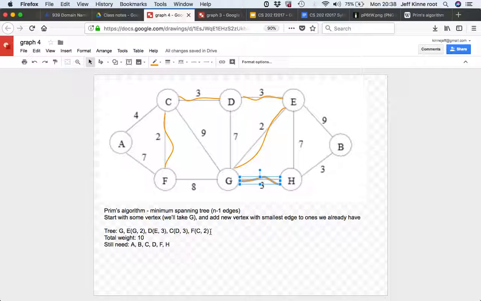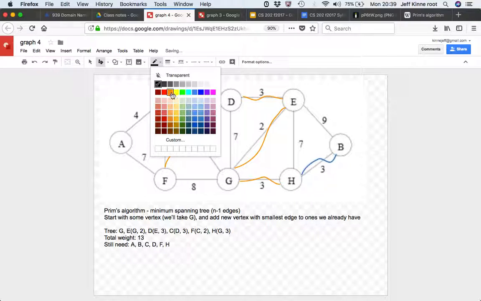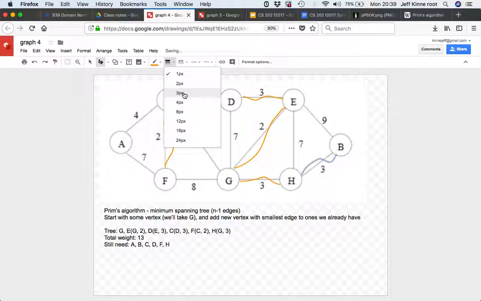So we add H here, which we got to from G with a weight of 3. We're at 13 now. All we have left is A and B. We can get to B with 3 now. Add it in.